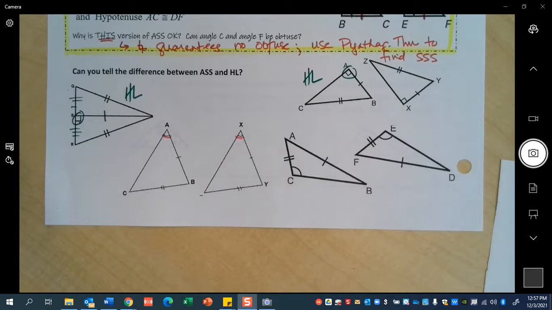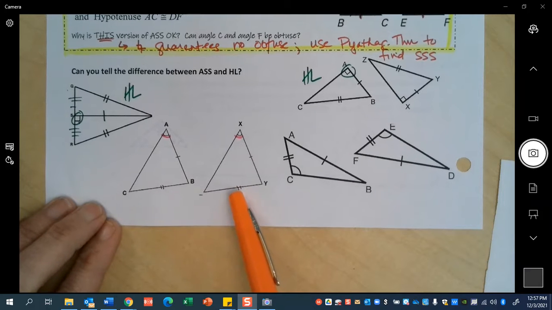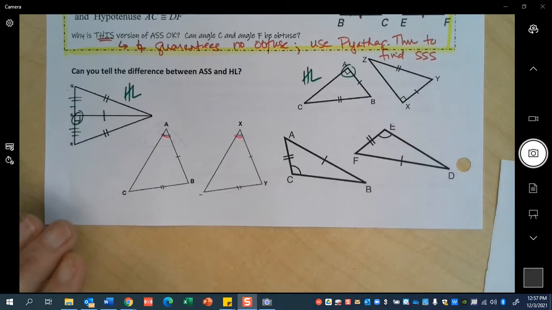So the challenge here is, can you draw the other side and see if you can find the other triangle? Anybody have any luck?